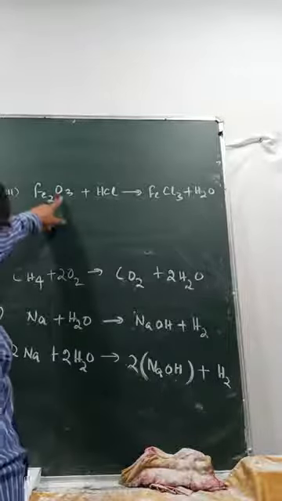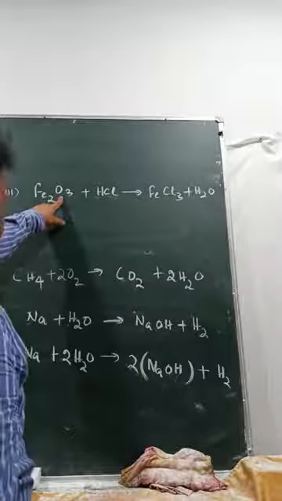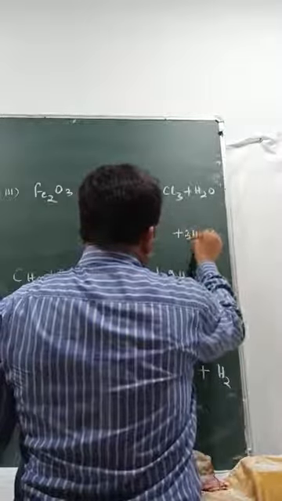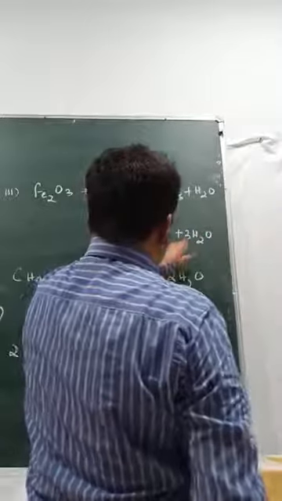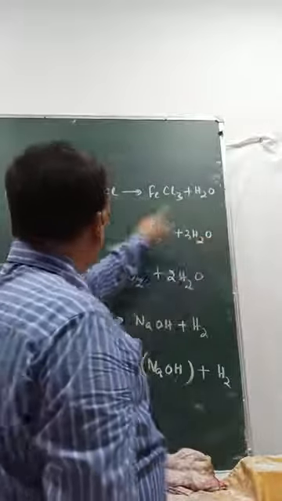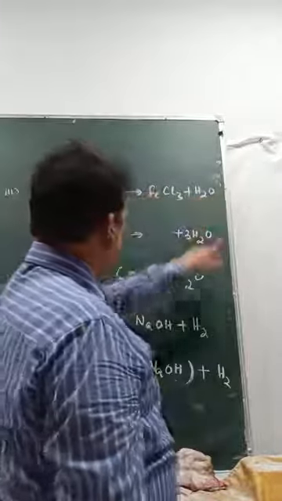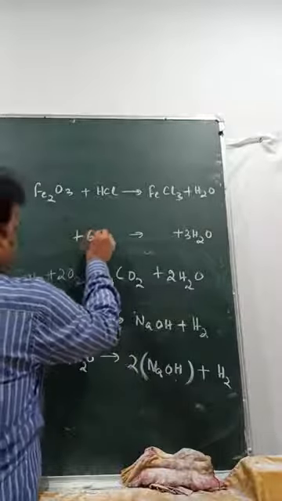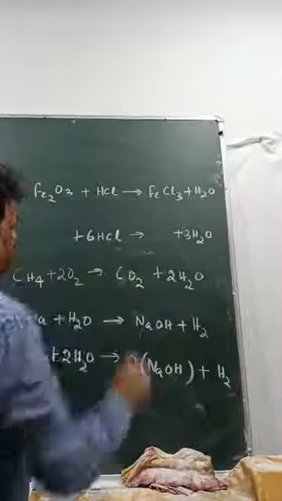Oxygen, look at here, oxygen is 3. Here oxygen is 1. If I multiply by 3, H2O means it became 6 hydrogen, 3 oxygen. Oxygen is balanced, hydrogen is not balanced. So here you write 6 HCl.